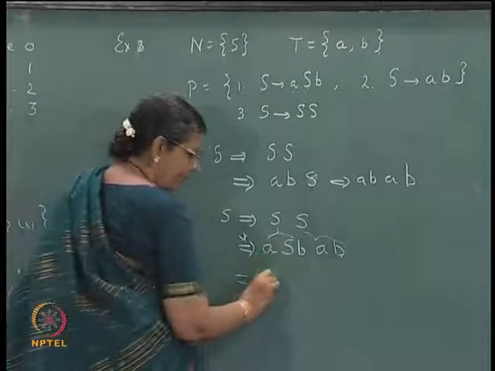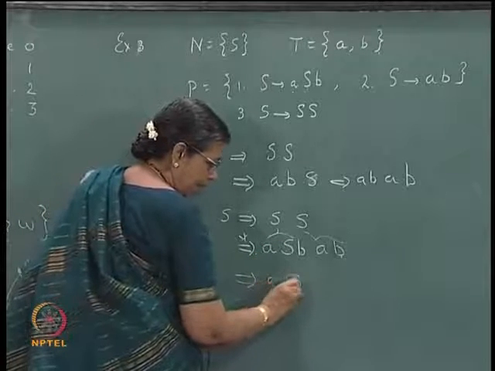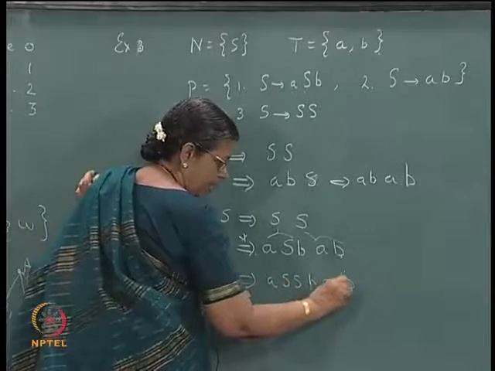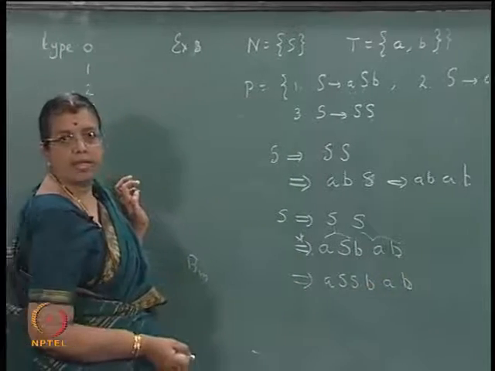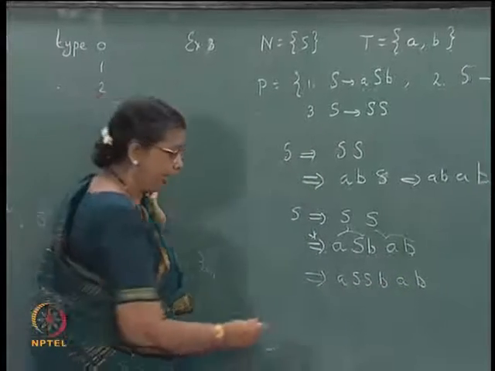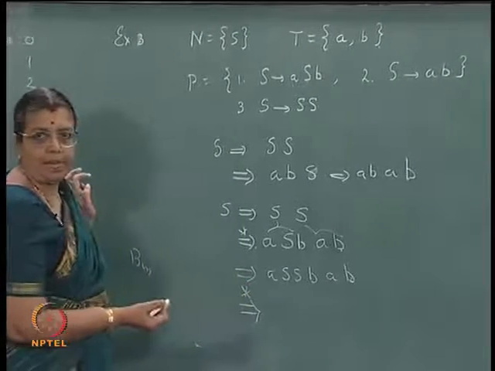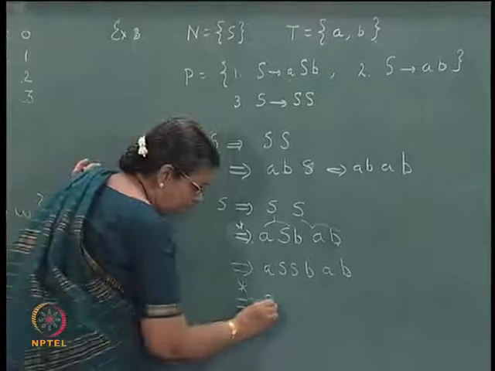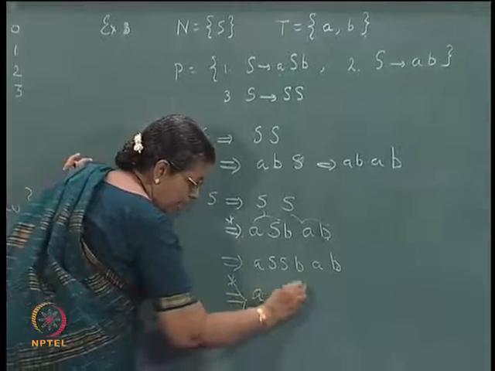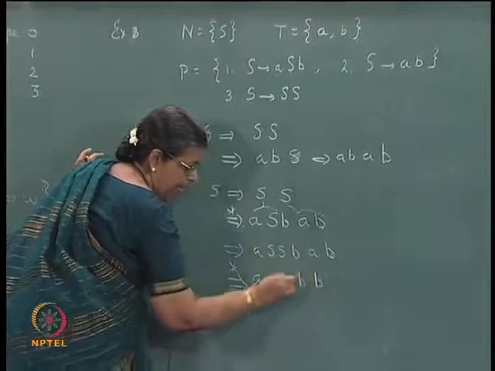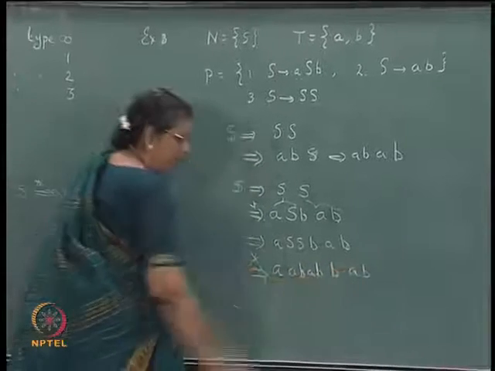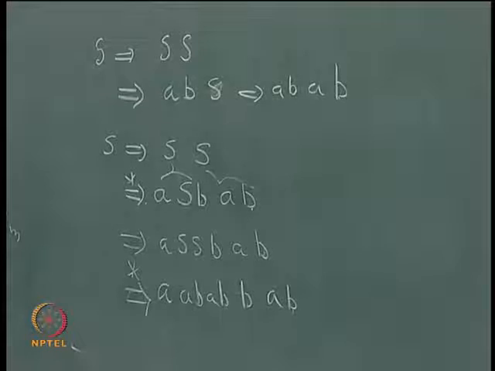Now, this S is replaced by SS. Now, each one of this SS you can replace by AB. So, AB, AABBAB. Such a string can be generated by the grammar.